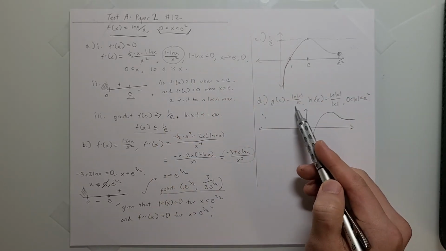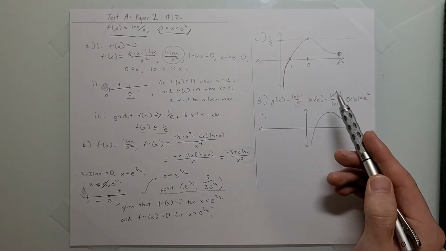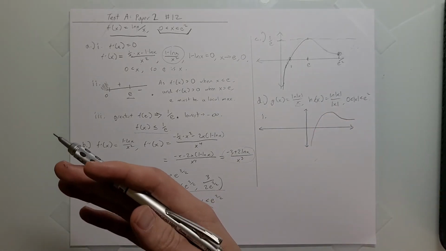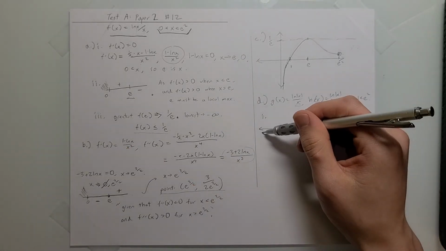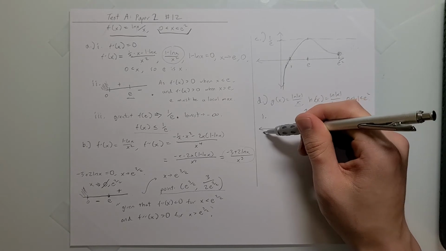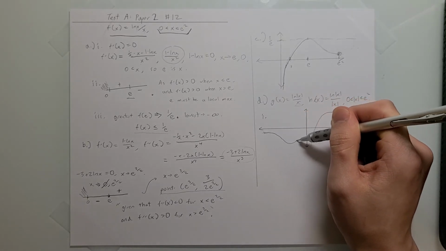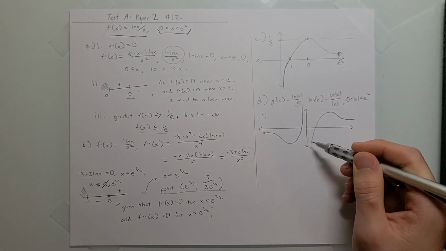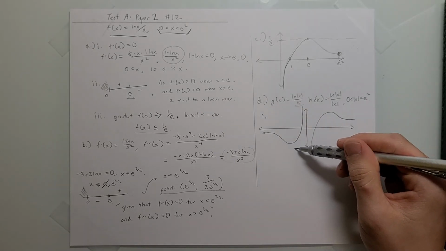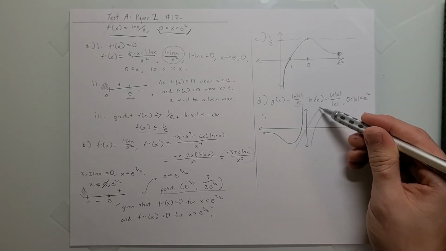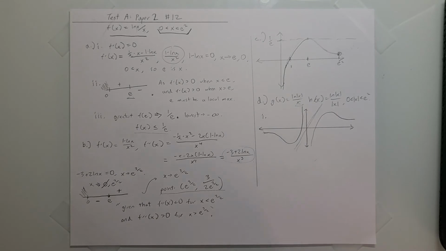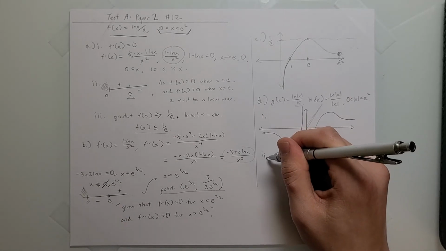However, since this value is not under the control of absolute value, it's going to be reversed or reflected in this manner. Not to scale, but you can see it kind of being reflected over this line here. So that's a pretty simple graph, and that's our answer for this portion of the question.